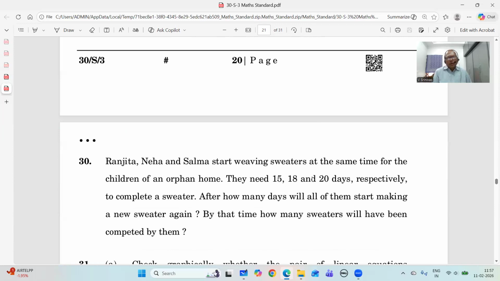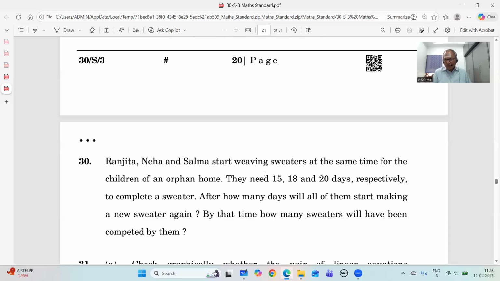Okay. So by the end of the LCM of the times, all of them will be completing sweaters together. The number of sweaters they weave by the time of LCM days may differ.